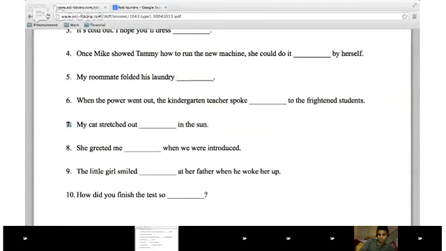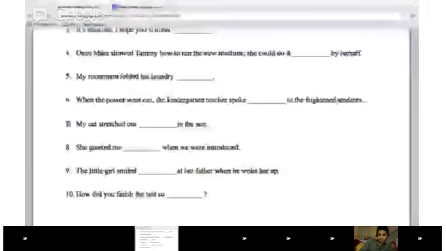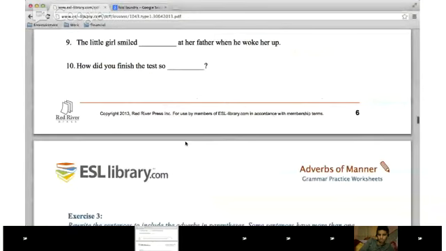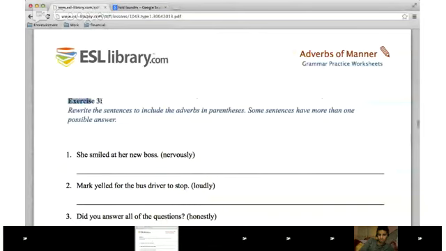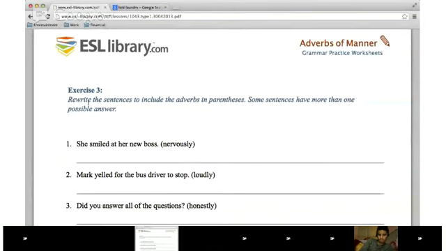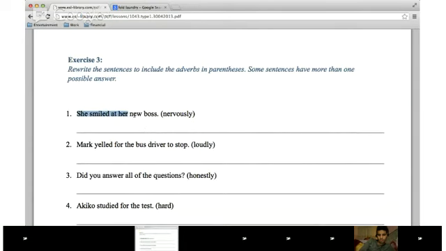All right, well let's see. We're back to the top. We're going to scroll down to exercise number 3. Now here we need to place the adverb that's in the parentheses in the correct spot in the sentence. So, for example, our sentence is she smiled at her new boss.